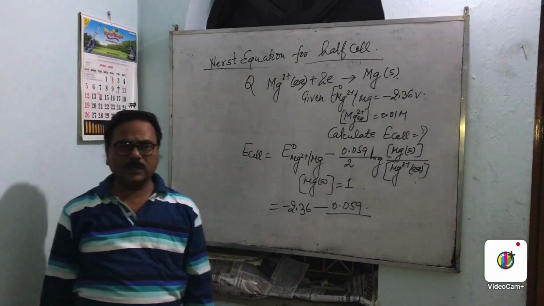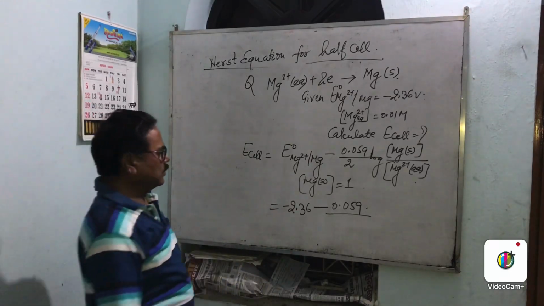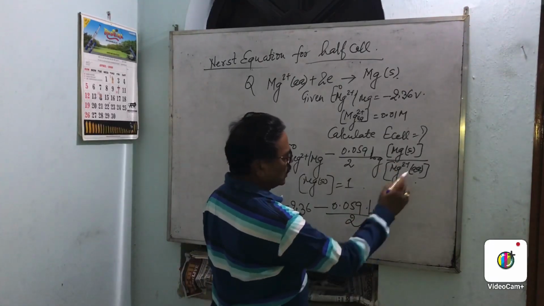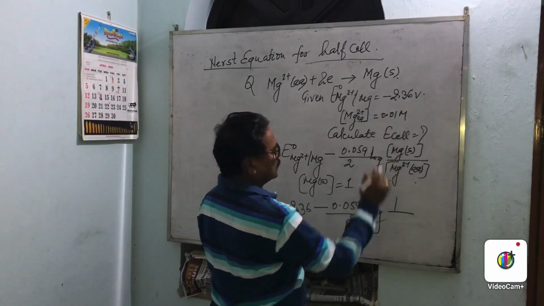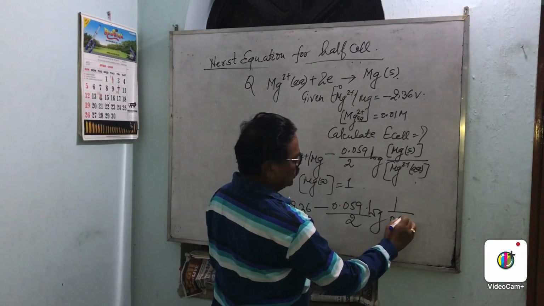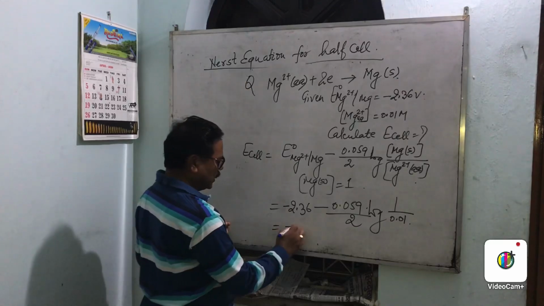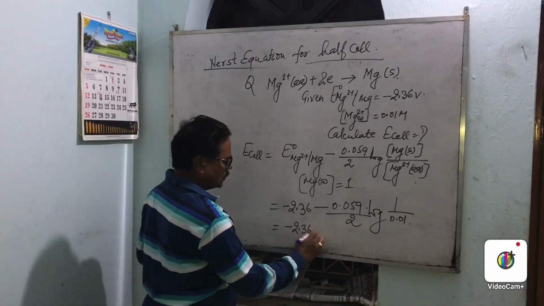What is the number of electrons gained here? That is 2. So we write 2 here, and this is log, and the concentration is 0.01.